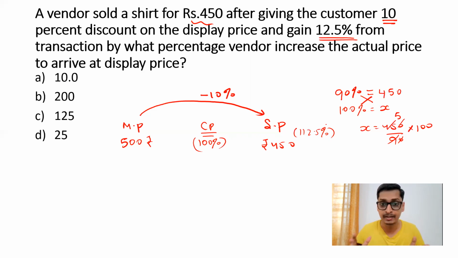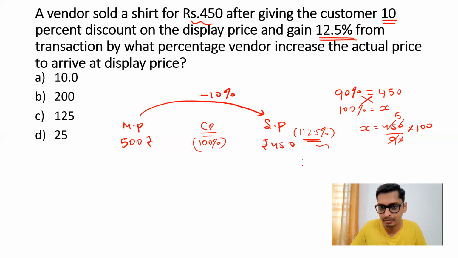So here the cost price is 100% and your selling price is 112.5%. You are getting 12.5% extra from this cost price of 100. Now 112.5 by 100 is nothing but 450. You have to find 100%, but this is a little complex, because if you try to fix it using a decimal value, that looks a little complex. So from the cost price, you are gaining 12.5%.